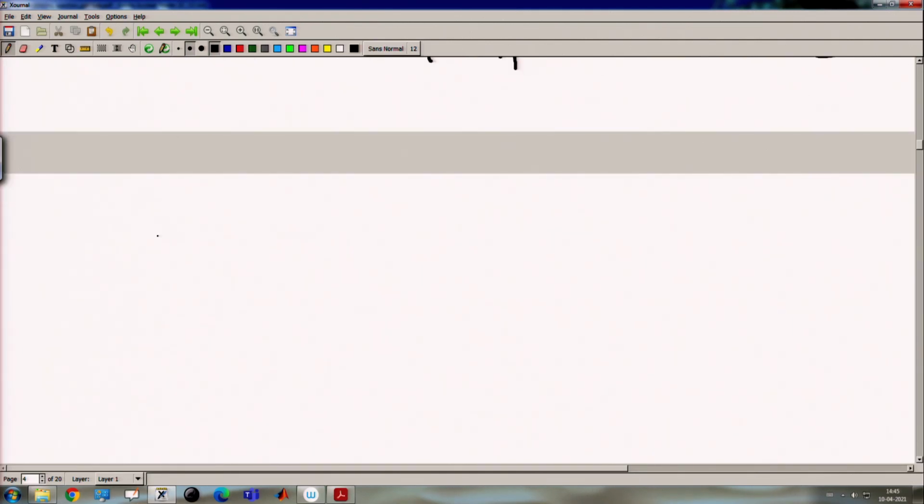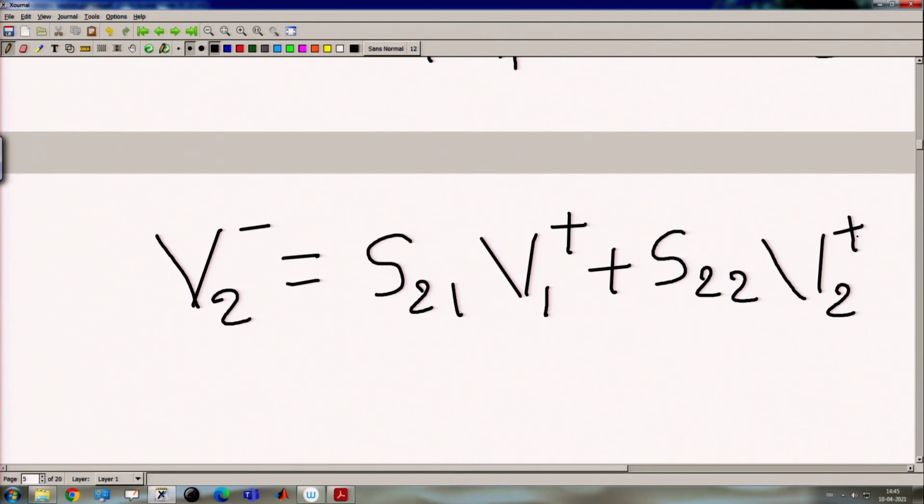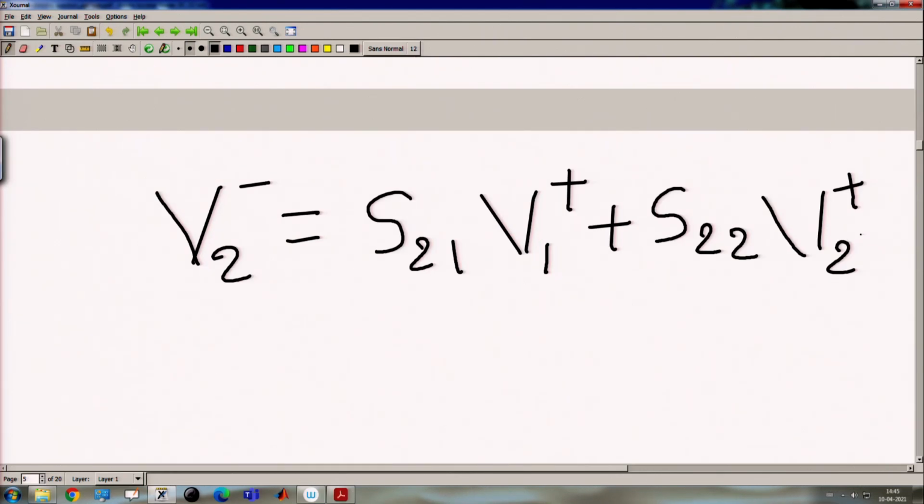For the second equation we can write V2 minus equal to S21 V1 plus plus S22 V2 plus, and V2 plus equal to minus of V2 minus.